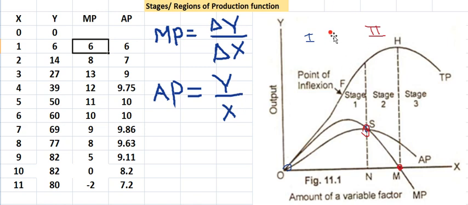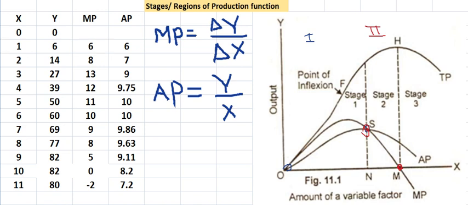So the producer who wants to maximize profits must operate in this region of production function, or we can suggest the farmer or the producers operate in this region in order to maximize profit or maximize the returns from the production activity.